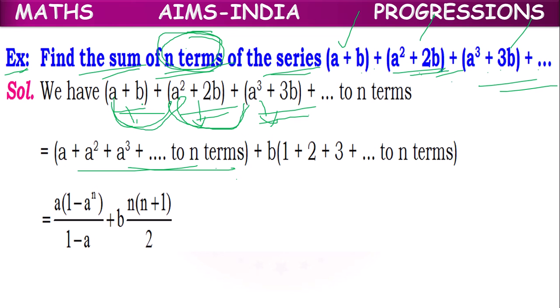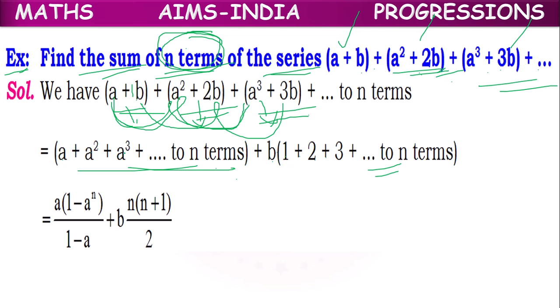And the second term of each term, b plus 2b plus 3b, like that. We are having terms up to n terms. If we take b as common, here 1b means 1 will come out, 1 plus 2 plus 3, and so on up to n terms.